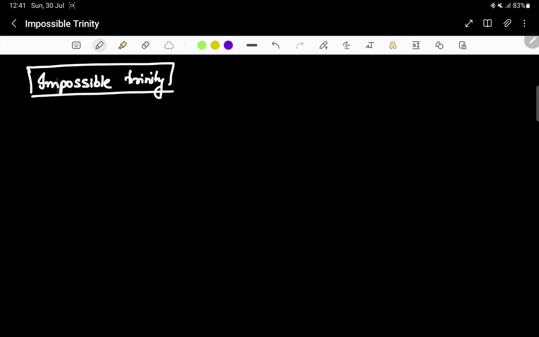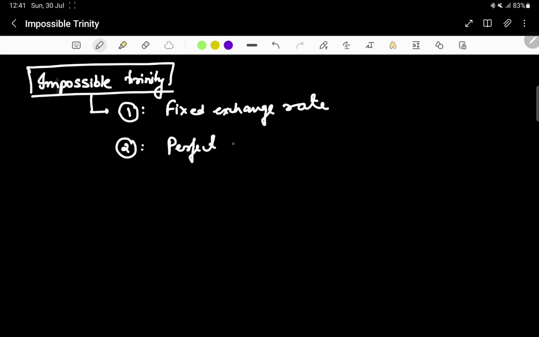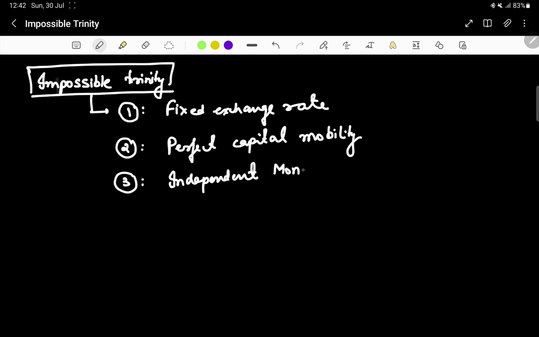The impossible trinity has three things that could not be met simultaneously, and these three features or characteristics are: when a country has a fixed exchange rate, secondly perfect capital mobility, and third independent monetary policy.